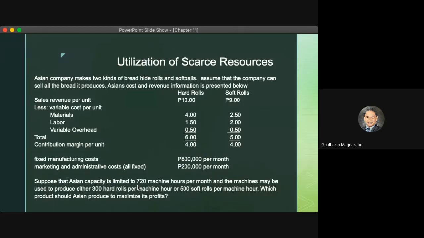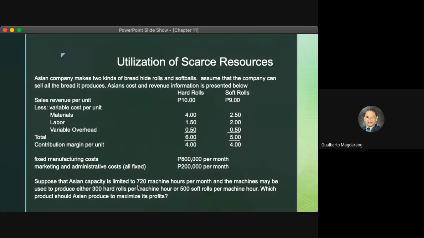Okay. Now, if we will produce purely hard rolls, we will have a contribution margin of 1,200. That is 4 pesos times 300 units. If we will produce purely soft rolls, we will have a contribution margin of 2,000 pesos.